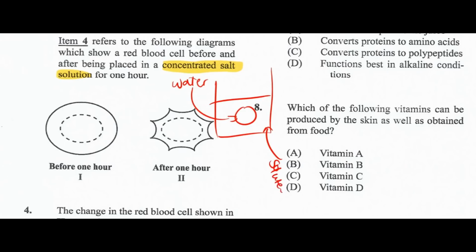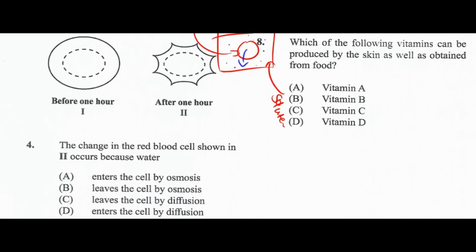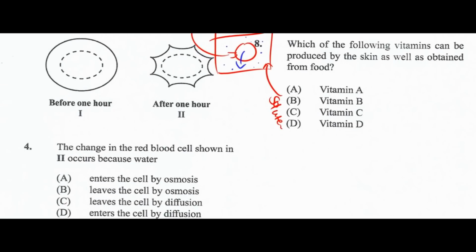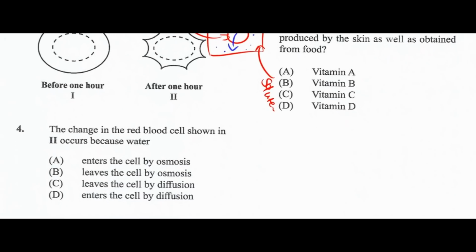That would mean that water will move out of the cell into the more concentrated salt solution in order to dilute it, in an effort to get the conditions on both sides the same, right? So your answer should have the change in the red blood cell shown in figure 2 after 1 hour occurs because water, as I said, moved out of the cell. So find whichever answer says that.